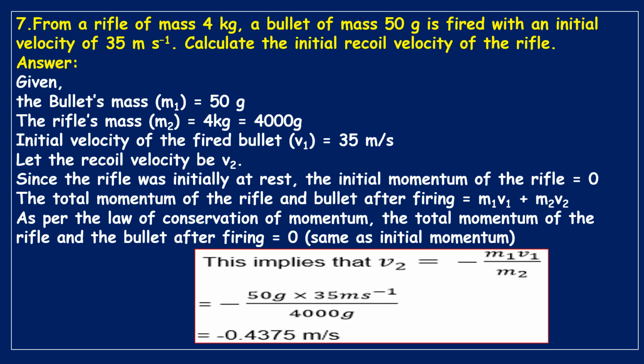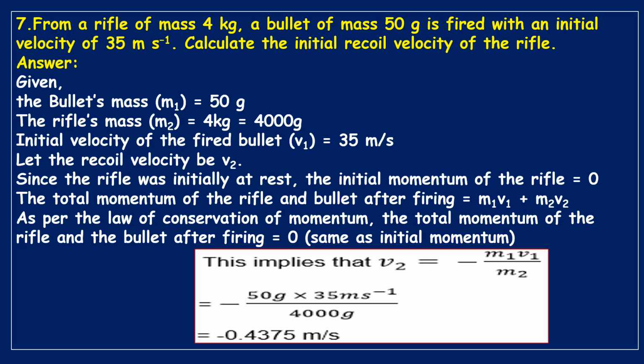This implies that from the m1v1 plus m2v2 formula, we have to calculate v2, the final velocity. v2 equals minus m1v1 by m2, minus 50 grams into 35 by 4000 grams. So that is equal to minus 0.4375 meters per second. It's very less. The minus sign indicates the opposite direction, that is, the movement of the rifle in the backward direction is negative.